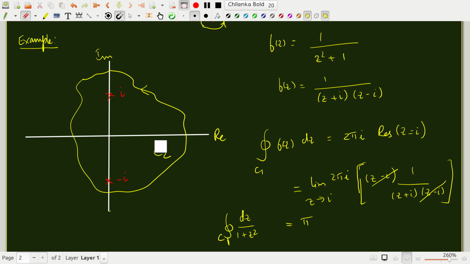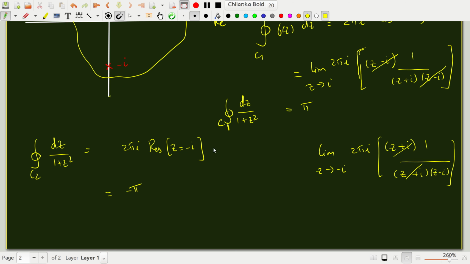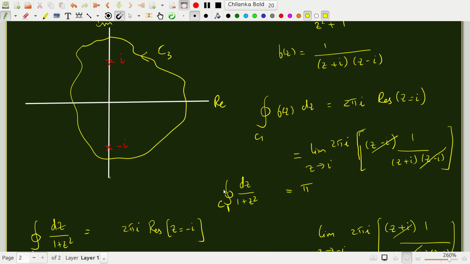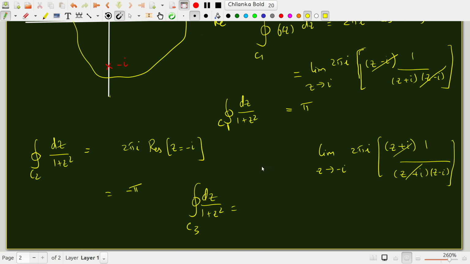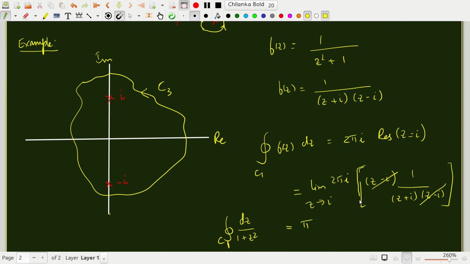Let's call this C3. Now the integral of the same integrand, 1 over 1 plus z squared, over C3: you have two poles and you have to sum over the residues of both these poles, but the residues are just plus pi and minus pi. The answer is 0. So depending on the contour that you take and the nature of the singularities, how many there are, the value of the integral will change quite distinctly.